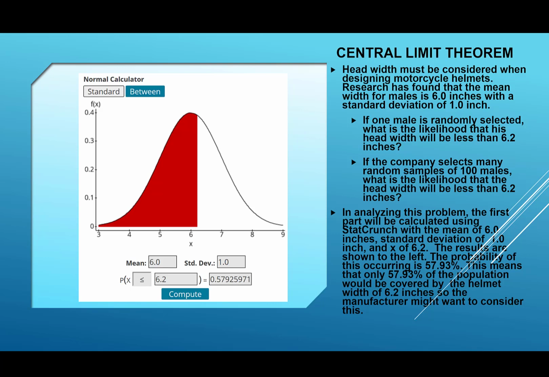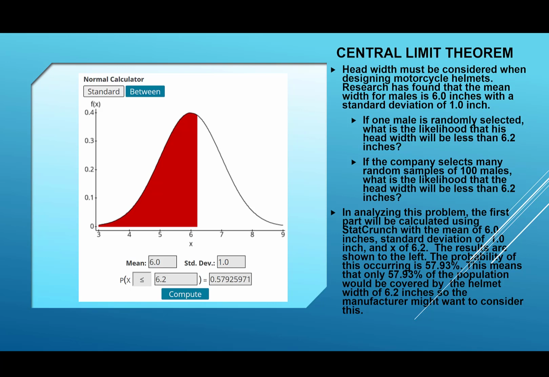The head width must be considered when designing motorcycle helmets. Research has shown that the mean width for males is 6 inches with a standard deviation of 1 inch. If one male is randomly selected, what is the likelihood that this head width will be less than 6.2 inches? The second part of this problem is if the company selects many random samples of 100 males each, what is the likelihood that the head width will be less than 6.2 inches?